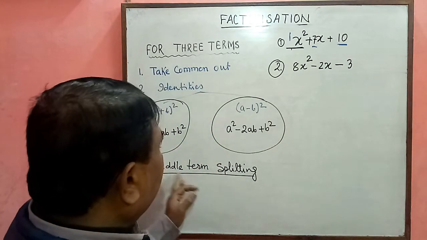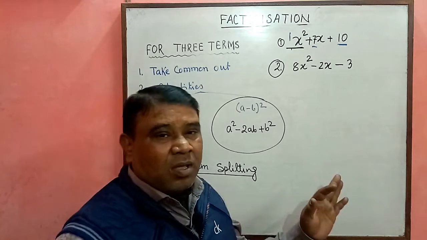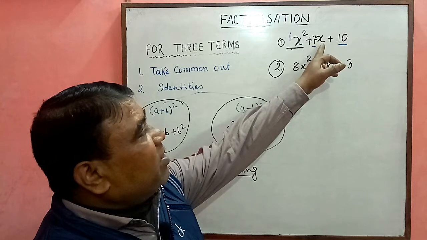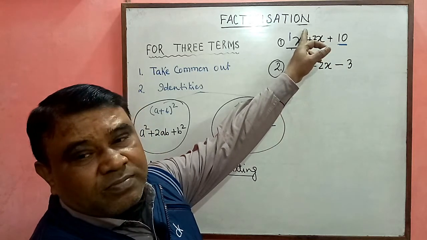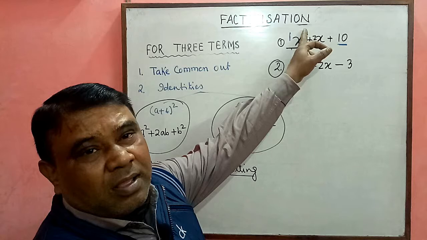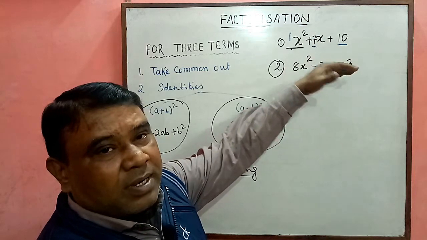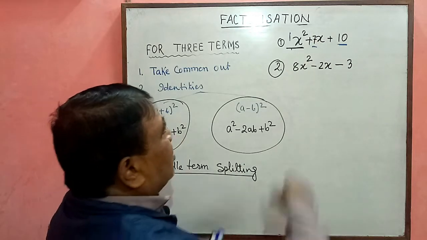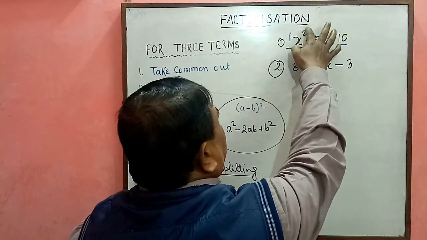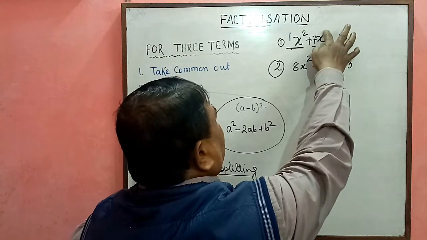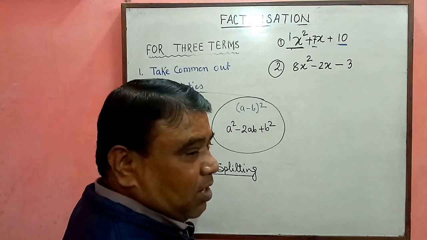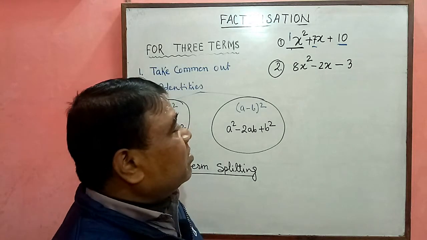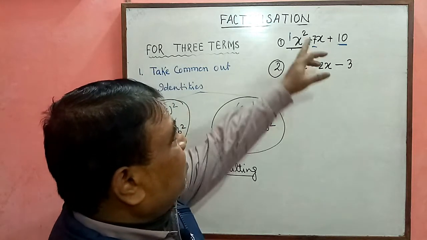This middle term splitting is applicable only when, after arranging in descending degrees, the degree of the first term is double the degree of the middle term.